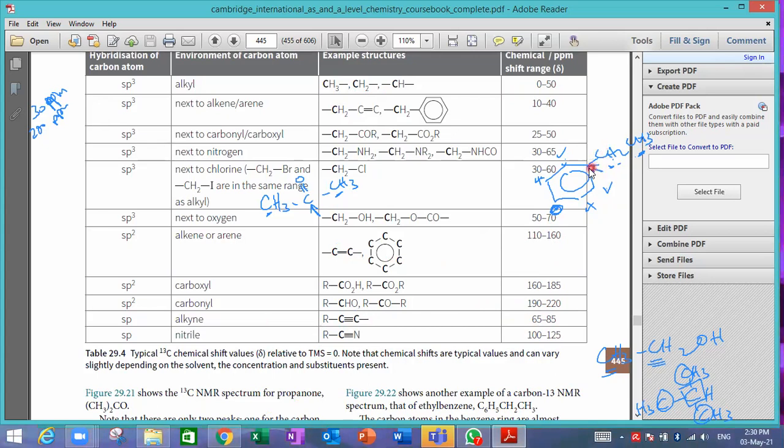Here we have a CH2 bonded to a carbon that is bonded to 2 other carbon atoms. For the CH2 bonded to the benzene ring, can it be the second one, 10 to 40? Yes, because we have a CH2 bonded to a benzene ring.